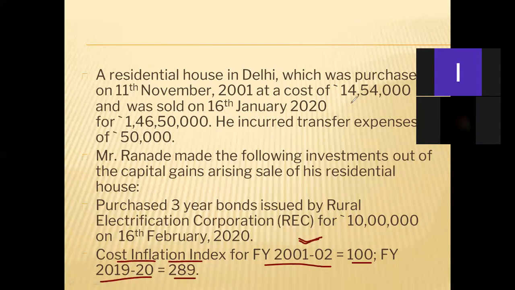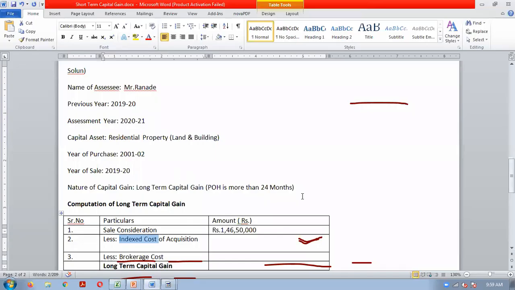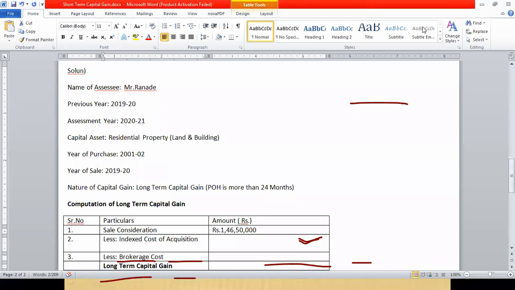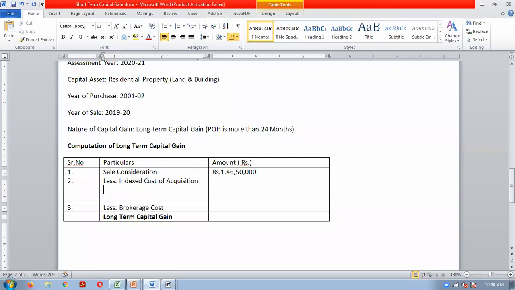So what will 14,54,000 be in 2019-20? That is the meaning of indexed cost. So how will we calculate? We will use the cross multiplication method. You can apply the formula also, but the cross multiplication method will be easy to understand.